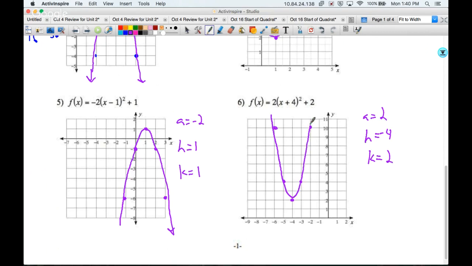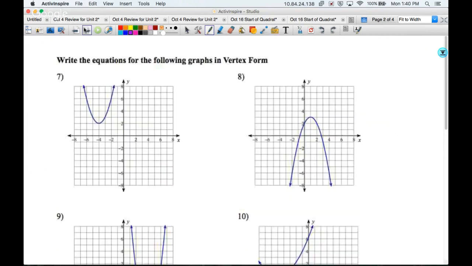It's all just multiples of our squared numbers based on that a value. So if our squared numbers are 1, 4, 9, when we see a 2, we want to go up 2, 8. And if there's room on the graph, we would go up 18 from the vertex. All right.